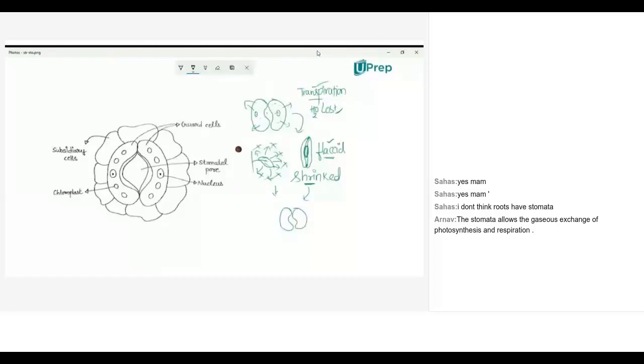And the pore which is inside gets opened. This condition we call turgid. Turgid state in biology means swollen.